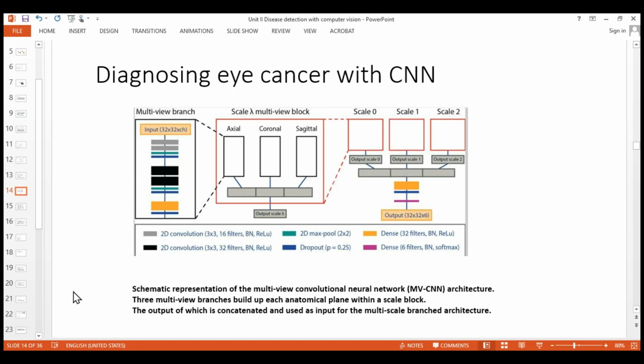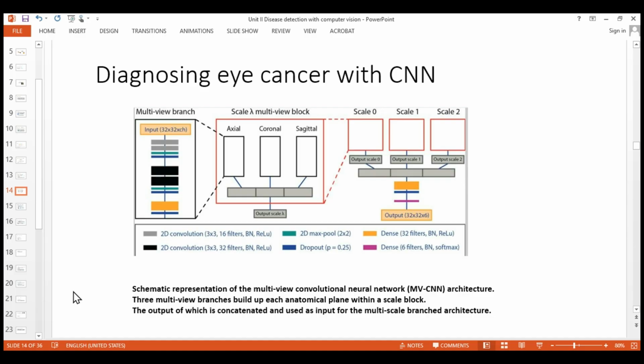So how to do all these things? For diagnosing cancer, because it is a tumor, we need multiple dimensions. A two-dimensional image is not enough as in the case of diabetic retinopathy, but we need multiple angles of the tumor to get useful information.